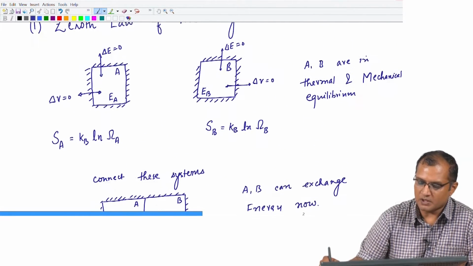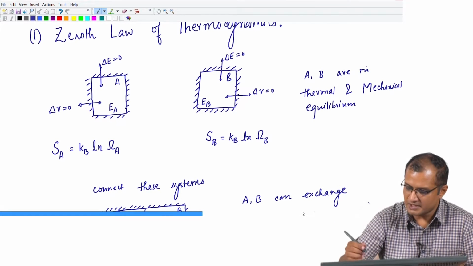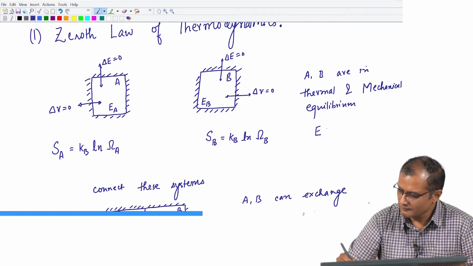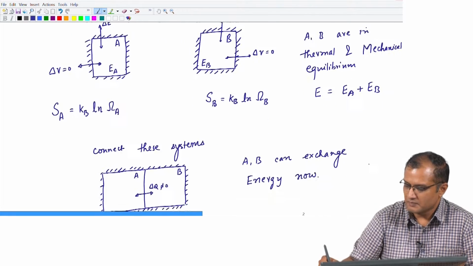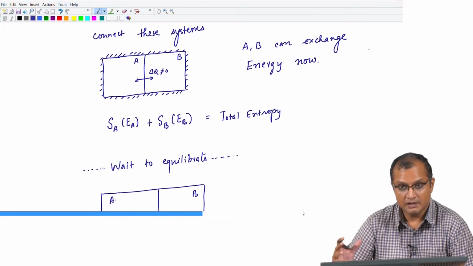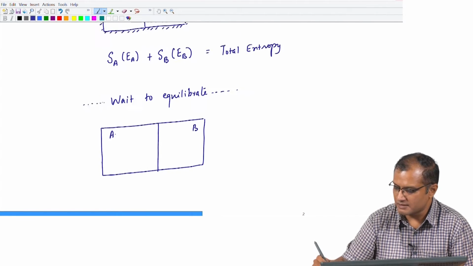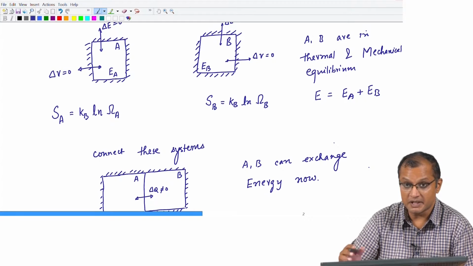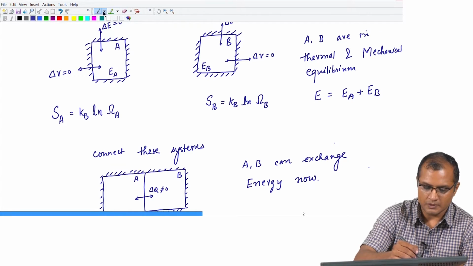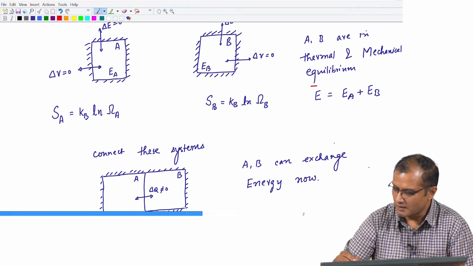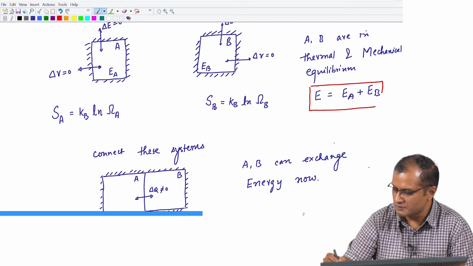Keep in mind that the total system is isolated, which means our energy initially was E_A plus E_B, and it is still E_A plus E_B, which I have called the big E. So, I am going to underline this, that my total energy has always been E_A plus E_B, okay.